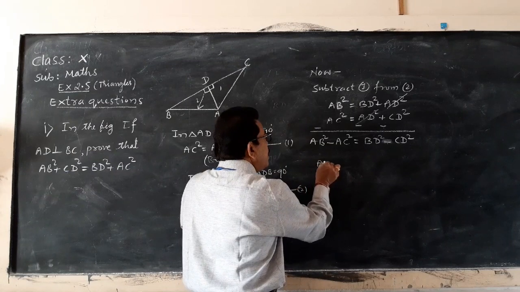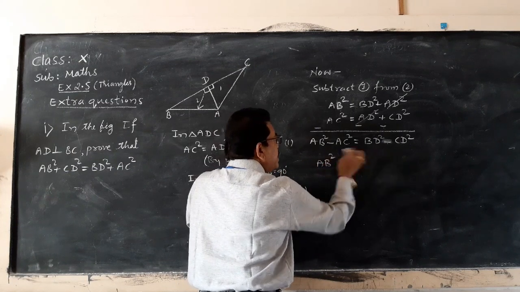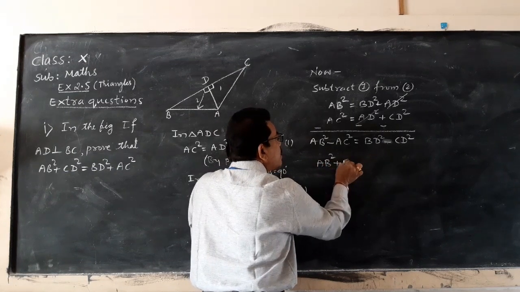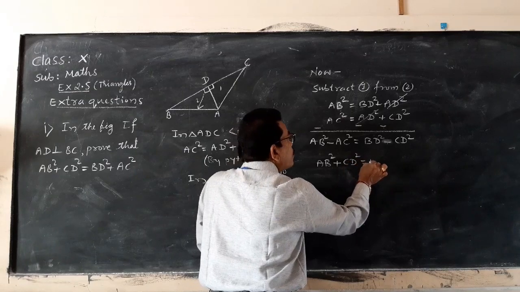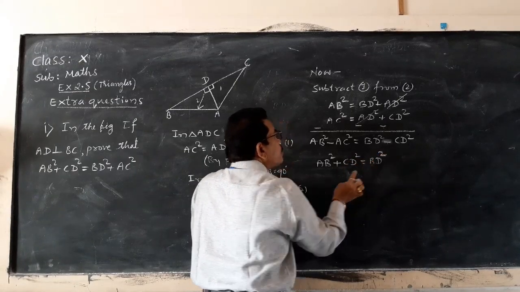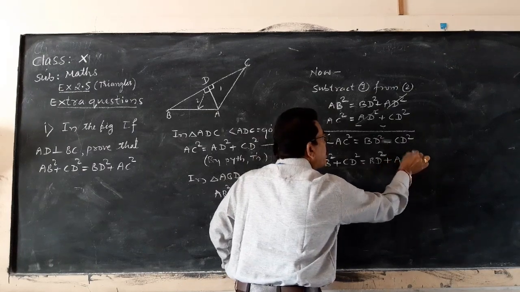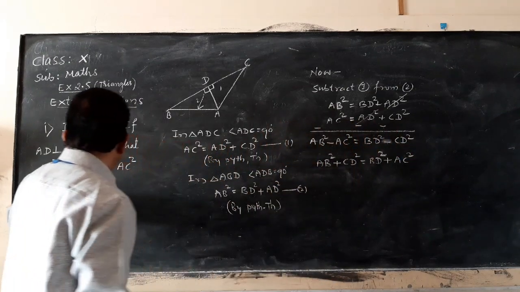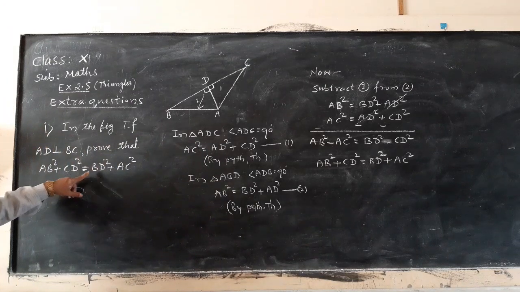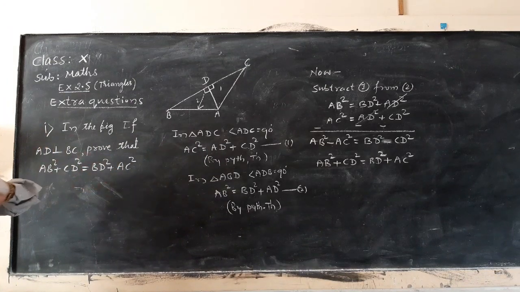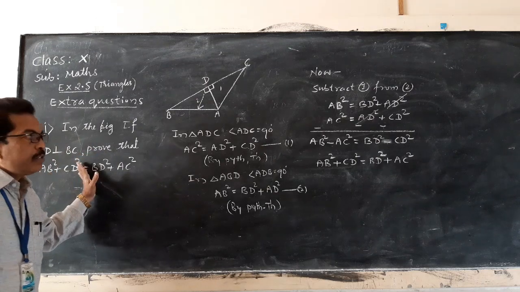AB square plus CD square equals BD square plus AC square. We got the result we need.